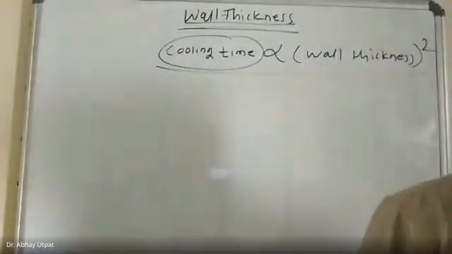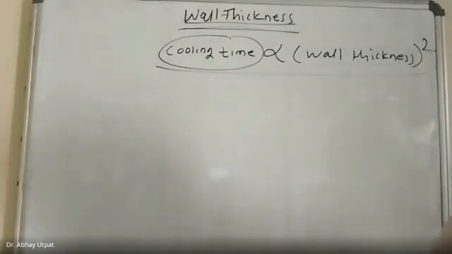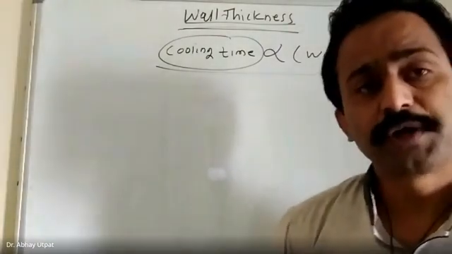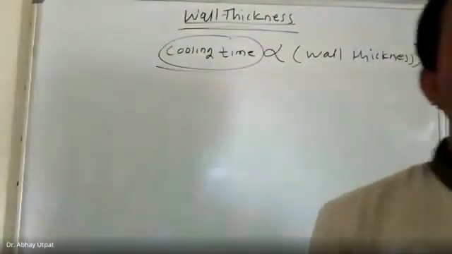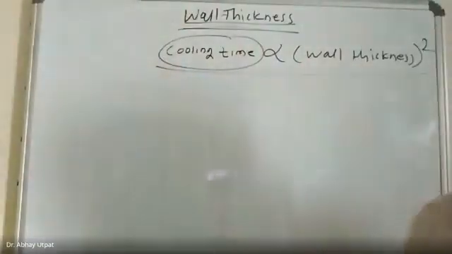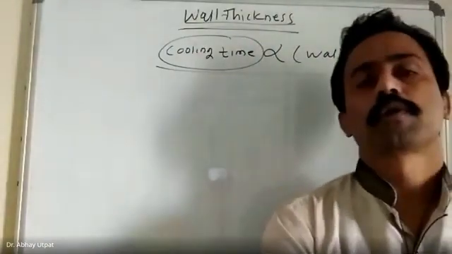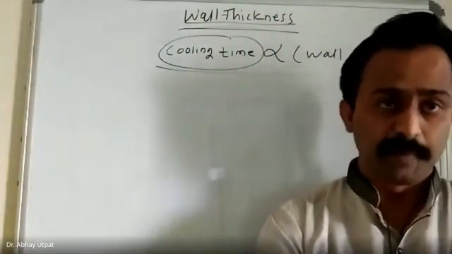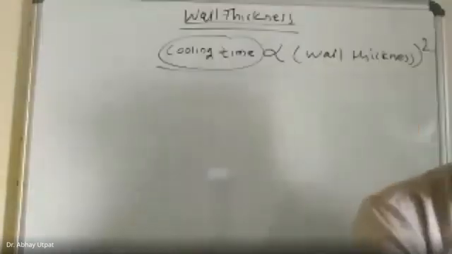Okay, so you write down this statement. One of the most important rules of plastic part design is: wall thickness should be minimum and uniform throughout the part.